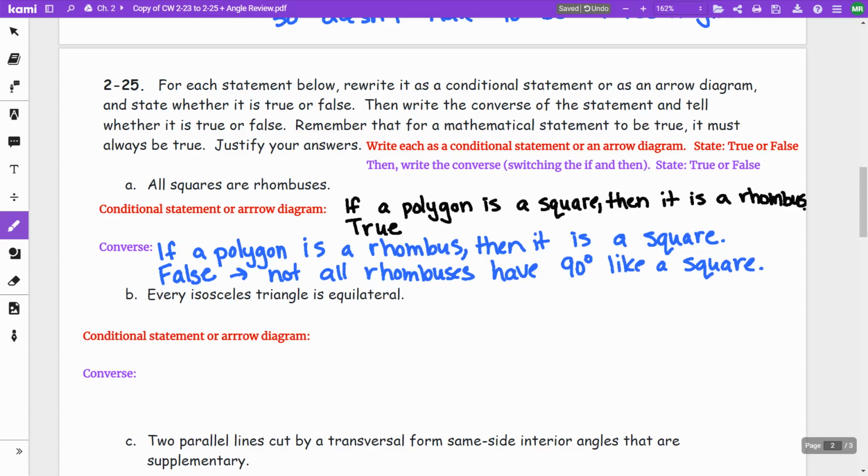Okay, so the next one. Every isosceles triangle is equilateral. Again, we're going to write this as an if-then. So if a triangle is isosceles, then it is equilateral.